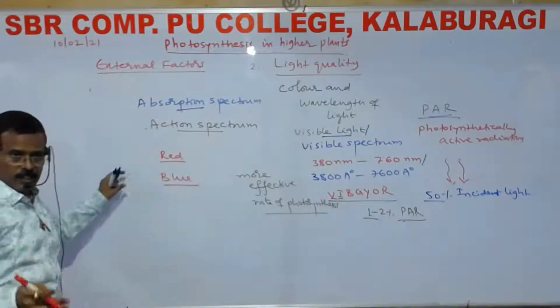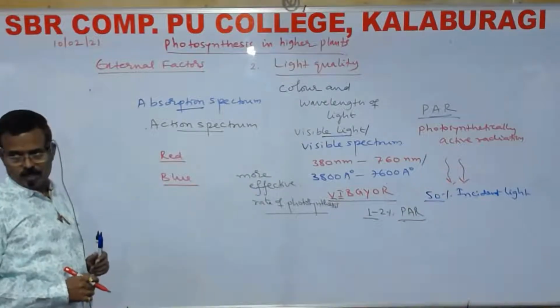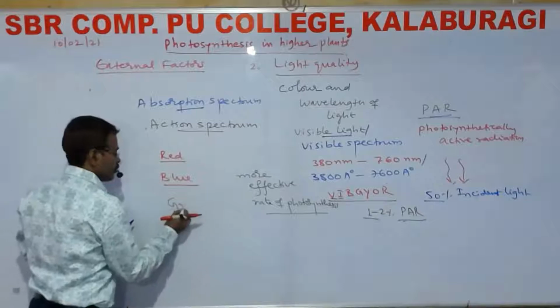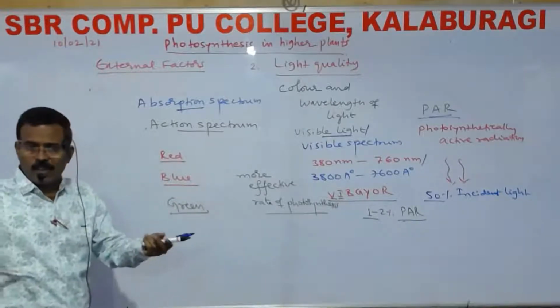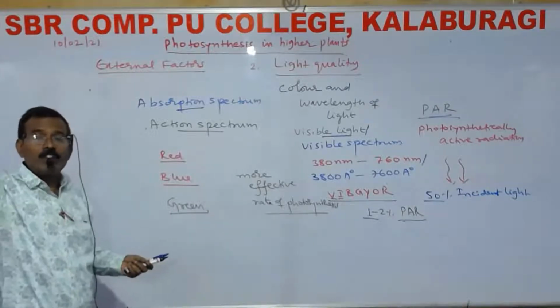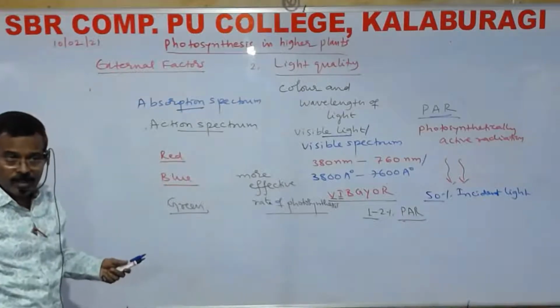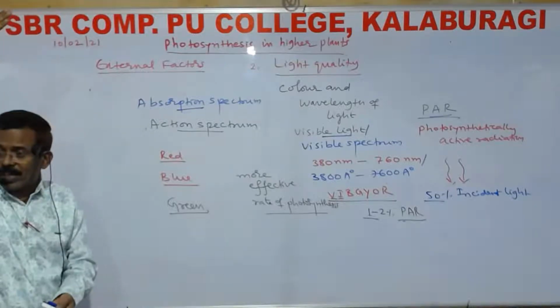The lowest rate of photosynthesis is in green. The surface of the leaves appears green because they reflect green light. You should not say it is because of chlorophyll. Of course, chlorophyll will be there. But the leaf surface reflects the green light. That's why it appears green.